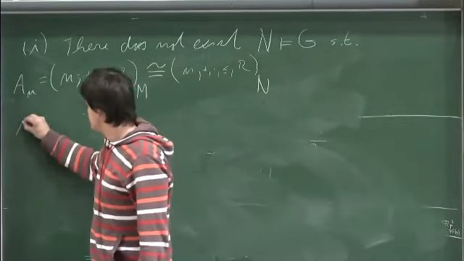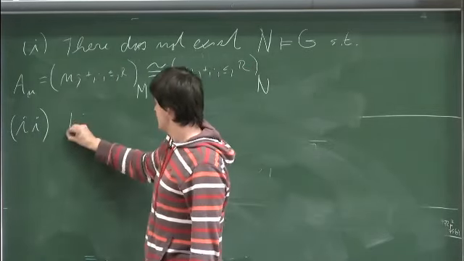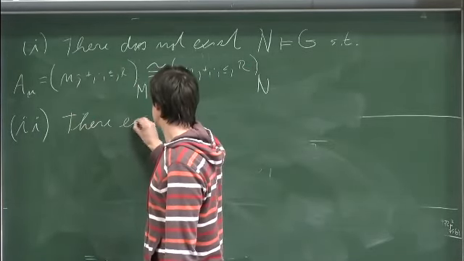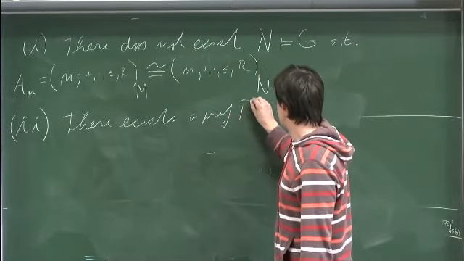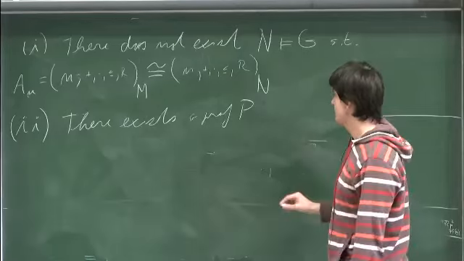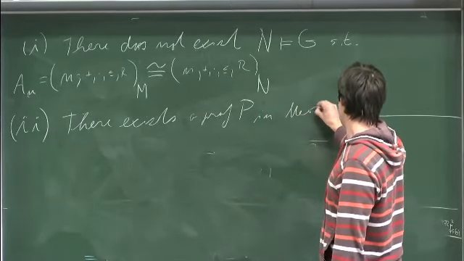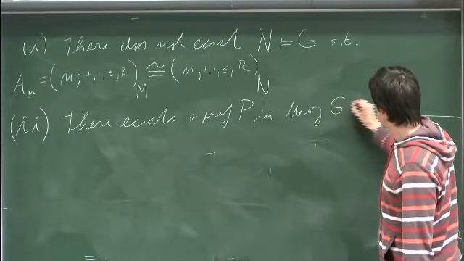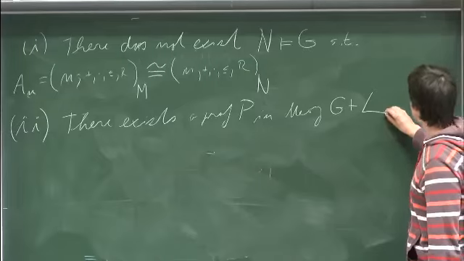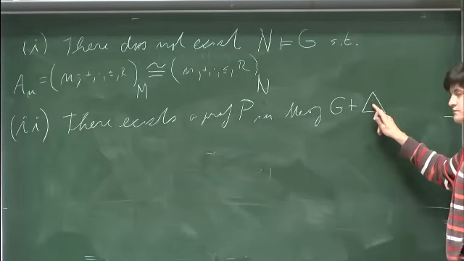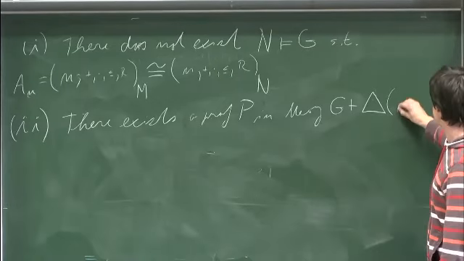And condition number 2 is that there exists a proof P in the theory G plus a simple diagram or atomic diagram of the structure A_n.